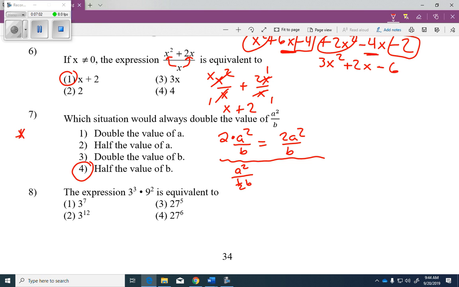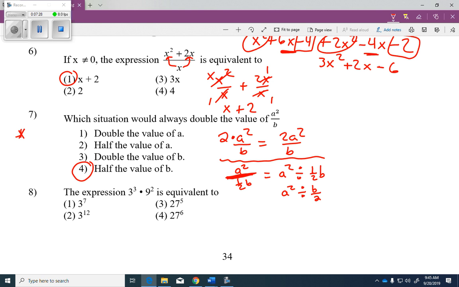This expression is mathematically equal to this expression because remember that a fraction really represents division. So I can rewrite this as a squared divided by half of b, which is the same thing as a squared divided by b over 2.